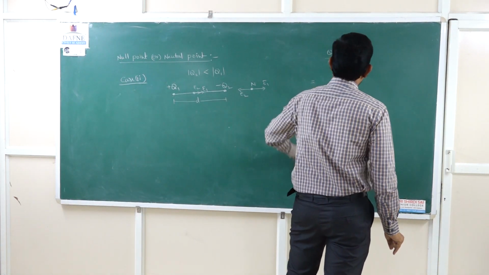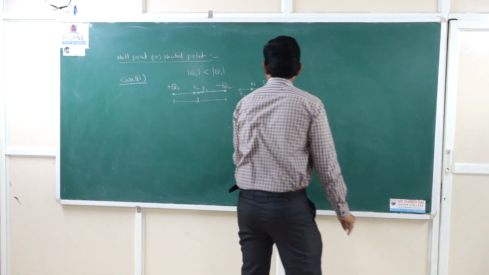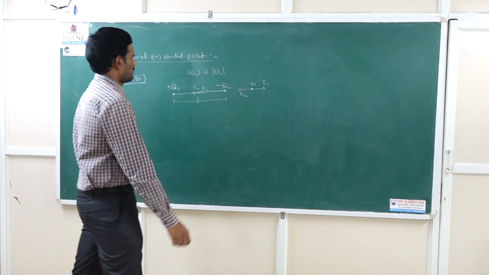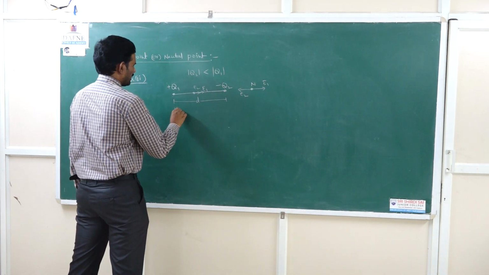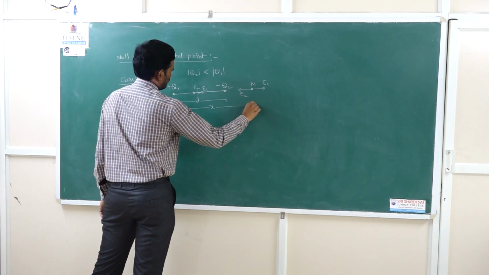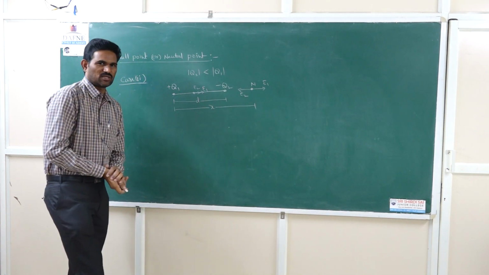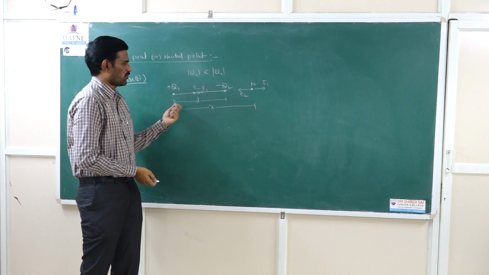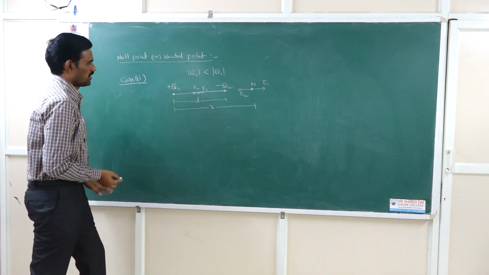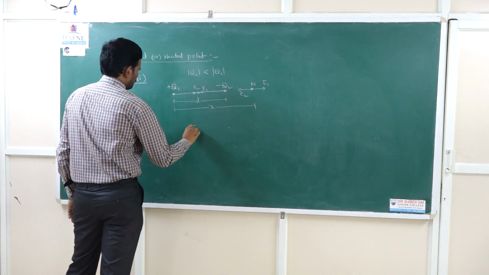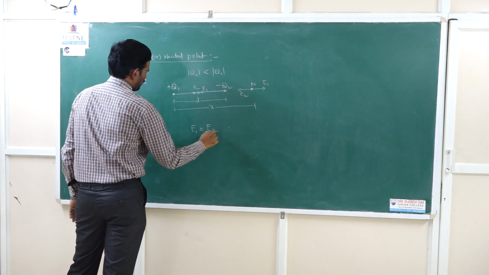And now let us proceed similar to our previous calculation, the first case. Here also I am taking this distance as x from Q1. That means I am calculating the distance of the neutral point from Q1. Again the electric field E1 should be equal to E2.